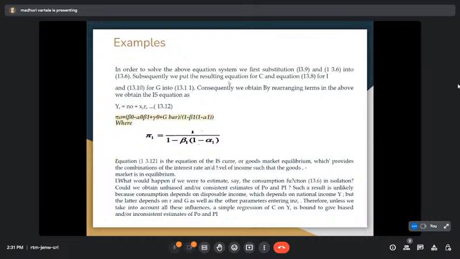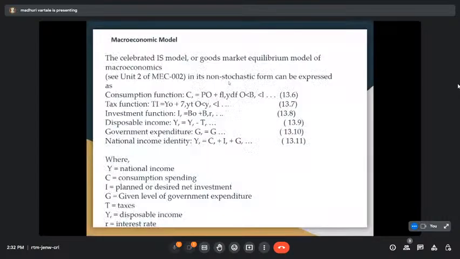Subsequently, we put the resulting equation for C and equation 13.8 for G into the equation denoted 13.12.